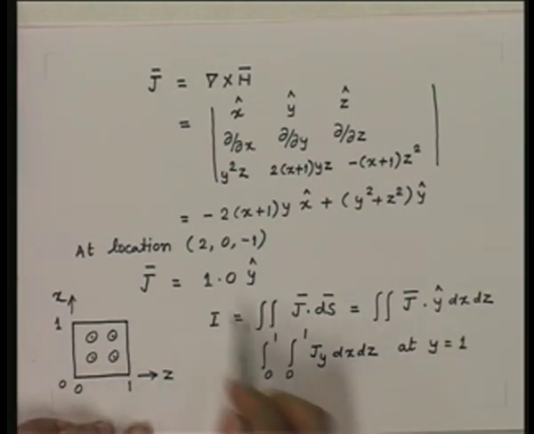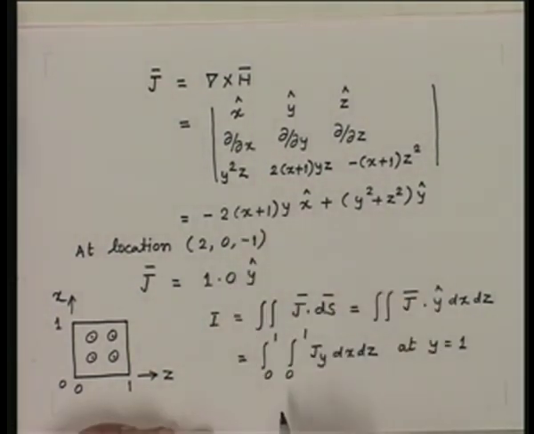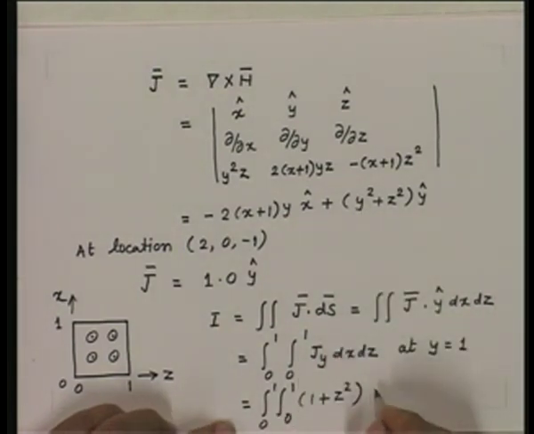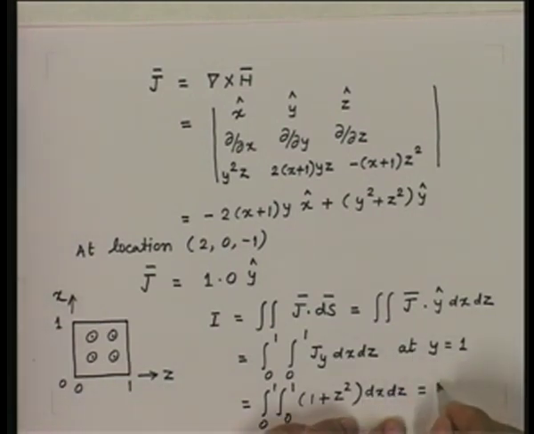Substituting the conduction current density, we get the integral with the same limits, 0 to 1, 0 to 1, of (1 plus z square) dx dz, because we are substituting y equal to 1. If I solve this integral, I get the total current enclosed inside this loop, which will be 4 upon 3 amperes.